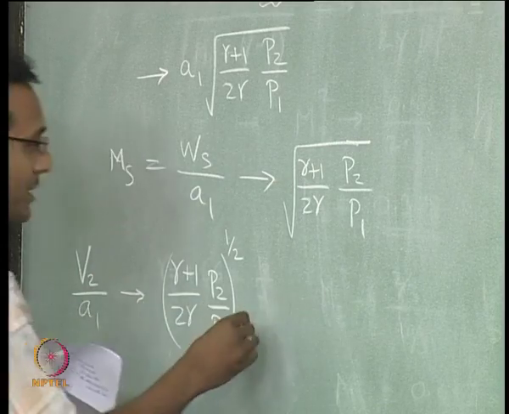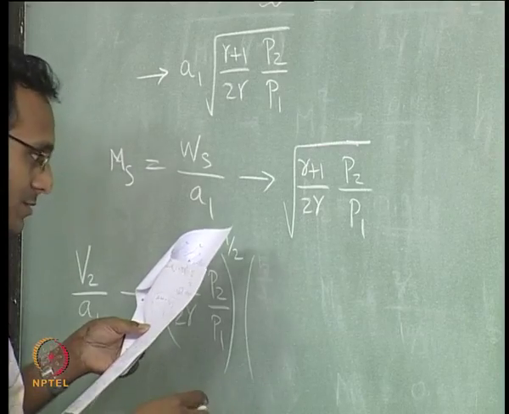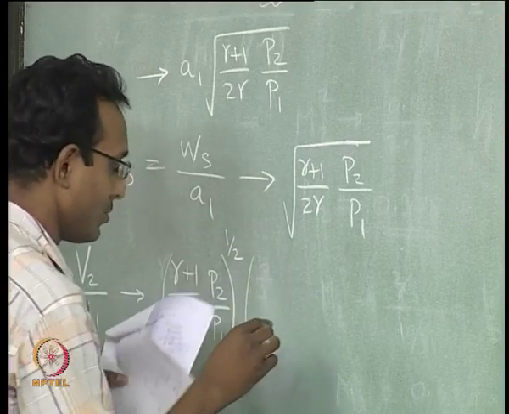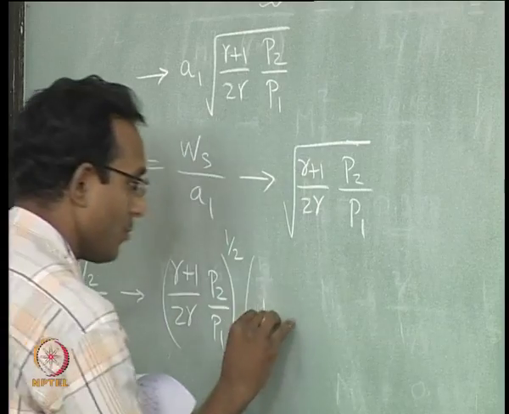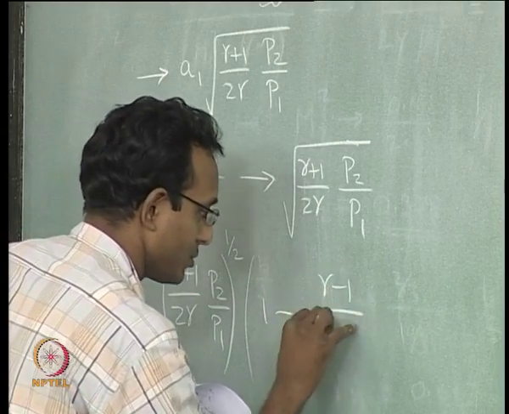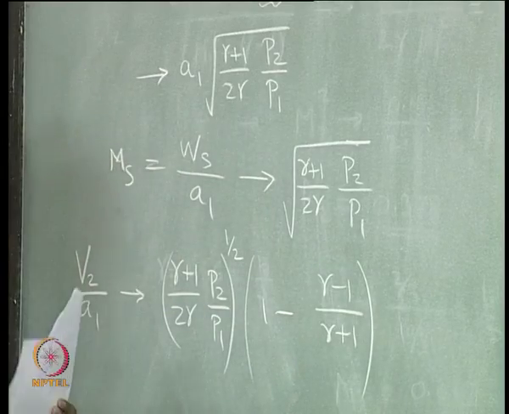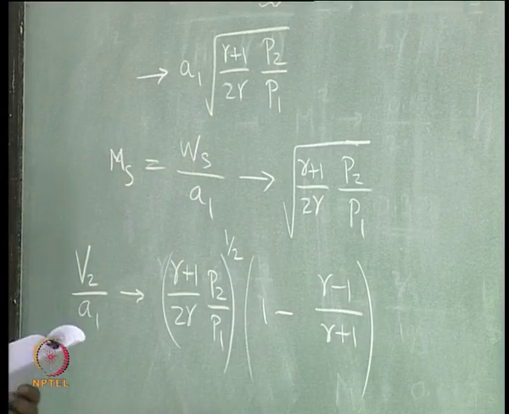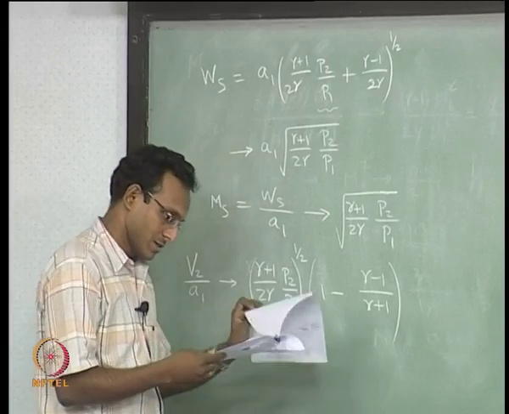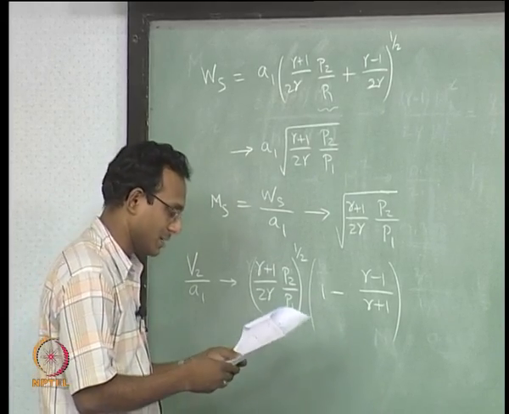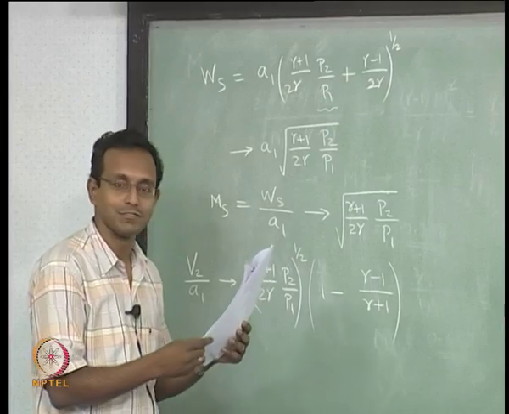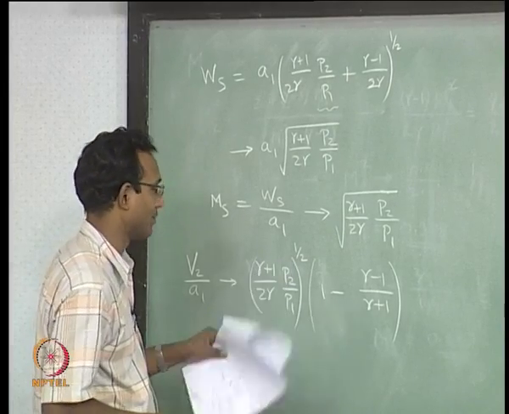Now, the remaining term is 1 minus U2 by U1, that is going to tend to 1 minus (gamma minus 1) by (gamma plus 1). This is what it should become. So, if I set P2 by P1 as very large, you should get to this particular formula.